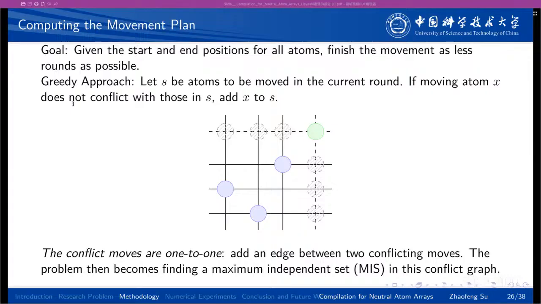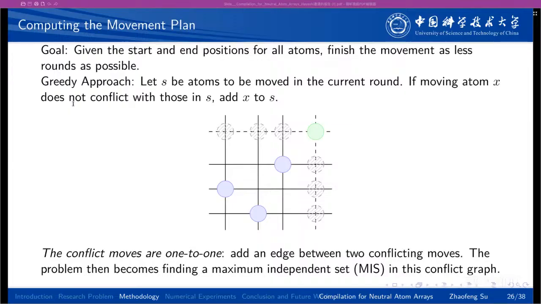And then we have decided the matching, and we consider how to do the movement plan. Our goal is, given the start and end positions for all atoms, to finish the movement in as few rounds as possible. So we considered a greedy strategy. To be specific, let S be the set of atoms to be moved in the current round.